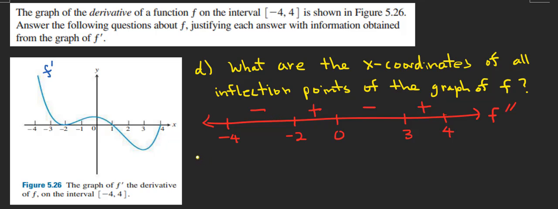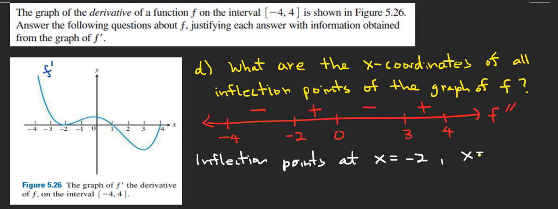So we have inflection points at x equals negative 2, x equals 0, and x equals 3. And what will be your justification? Because the sign of f double prime changes either from negative to positive or positive to negative. Make sure you write that down. I don't have enough space, so I'm going to leave that up to you.